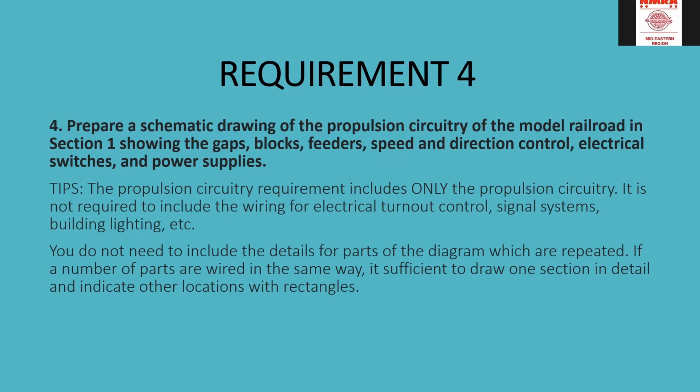And you don't need to include the details for parts of the diagram which are repeated. If a number of parts are wired in the same way, it's sufficient to draw one section in detail and indicate other locations with rectangles.